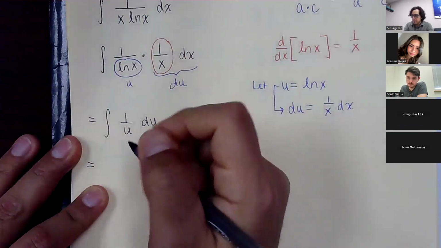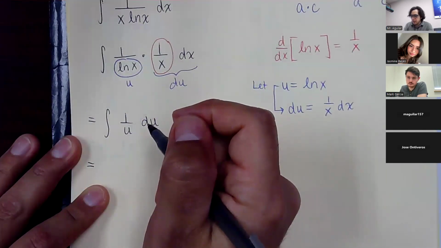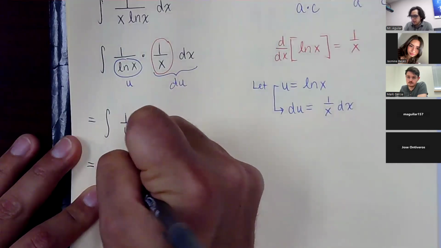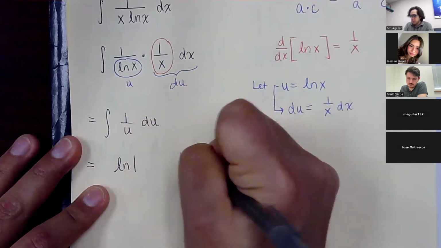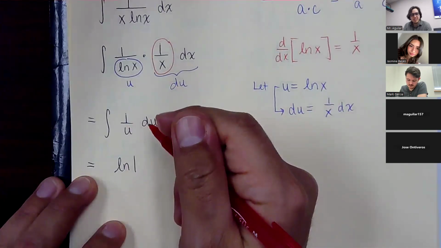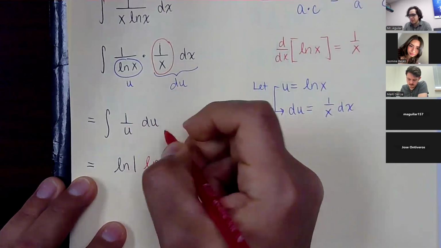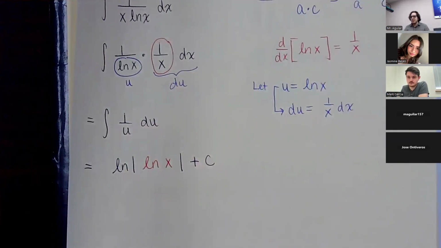and that should give us, what should it give us? Just the natural log of the absolute value of u plus c, and u is the natural log of x, right?